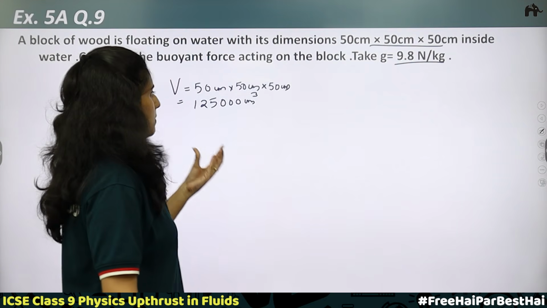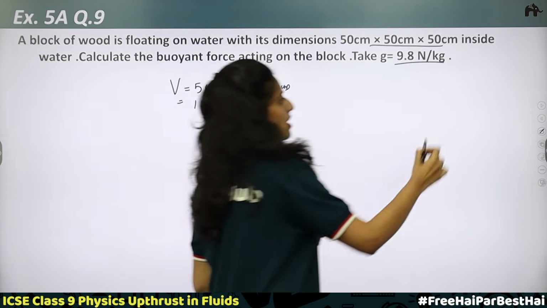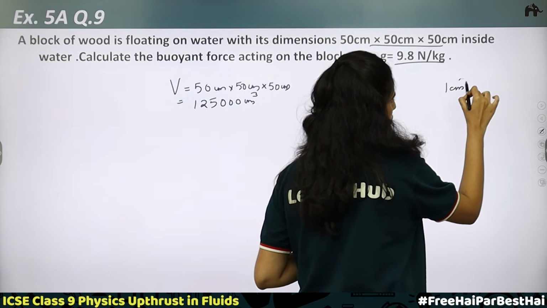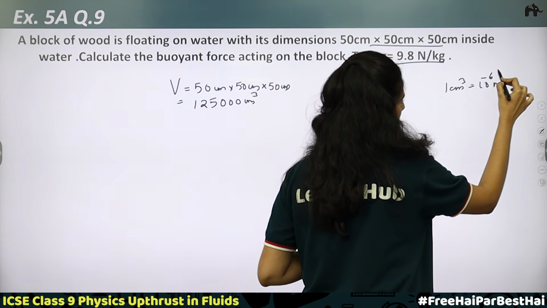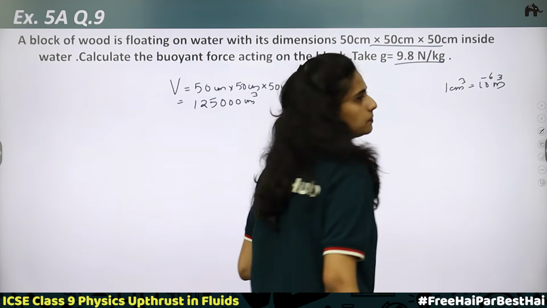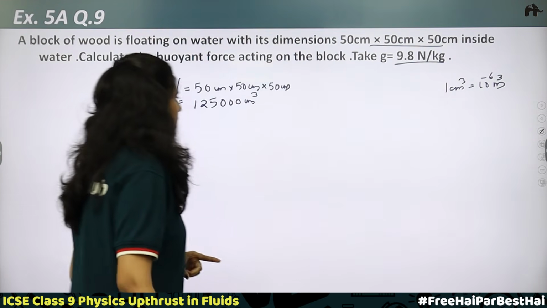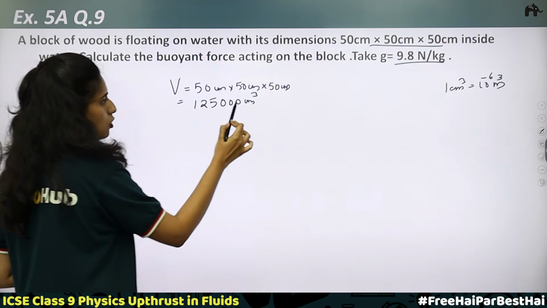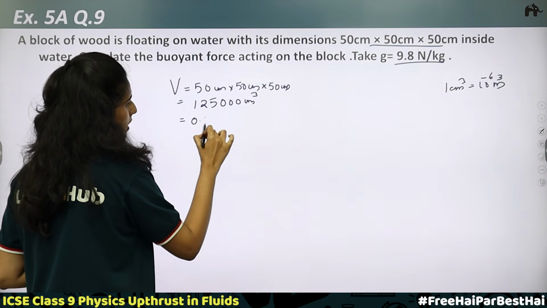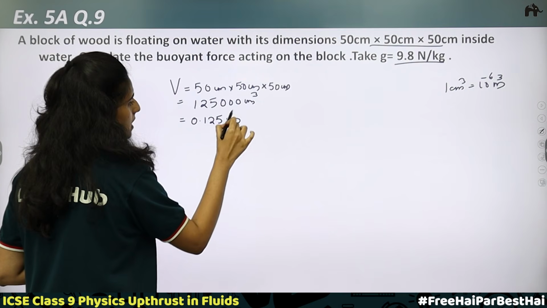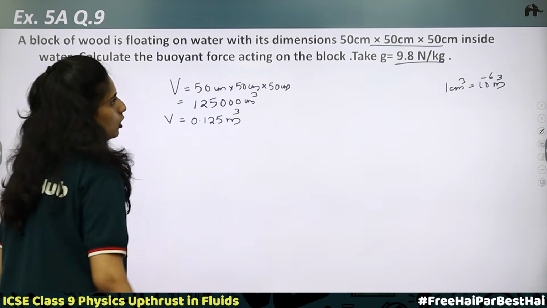Centimeter cube to meter cube conversion: 1 centimeter cube is equal to 10 raised to minus 6 meter cube. 10 raised to minus 6 means moving 6 places, so you will get 0.125 meter cube as the volume.